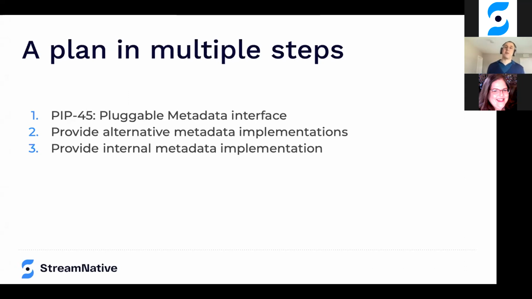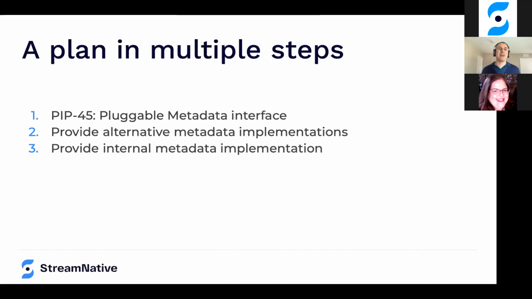So we start with Zookeeper, but we have multiple implementations. And the final goal is to reach a point in which we can provide an internal metadata server implementation out of the box, so that you don't have to rely on any other external services.